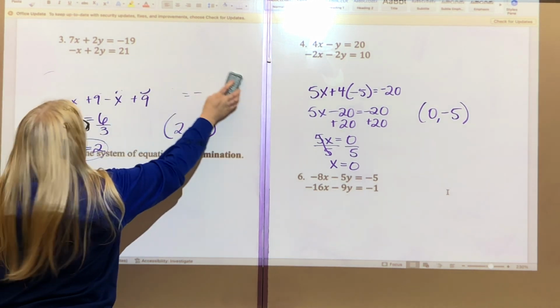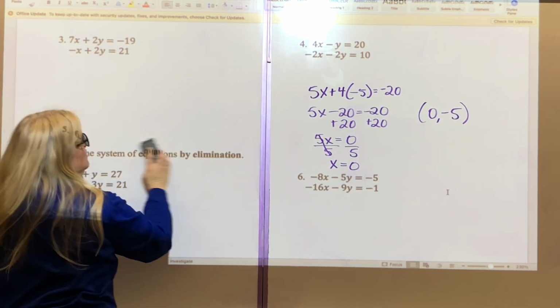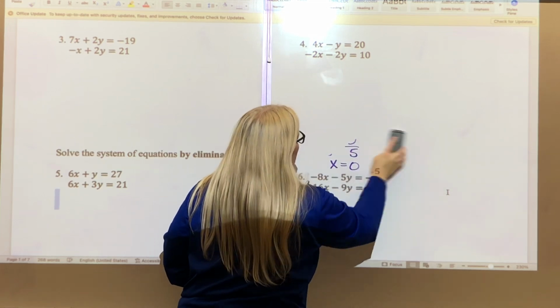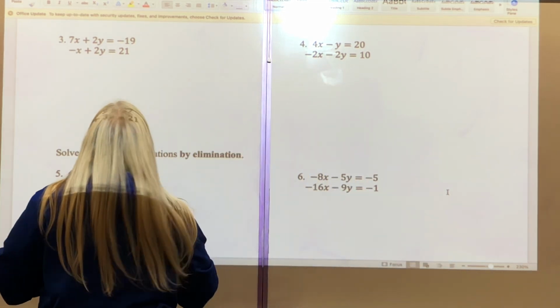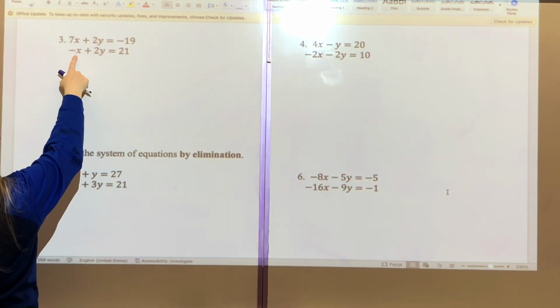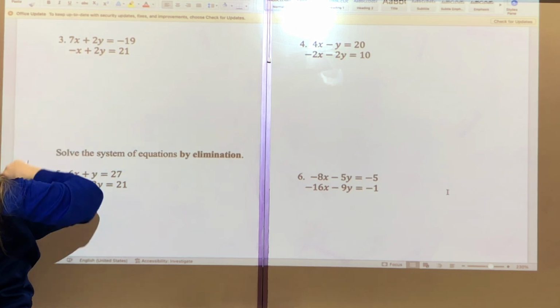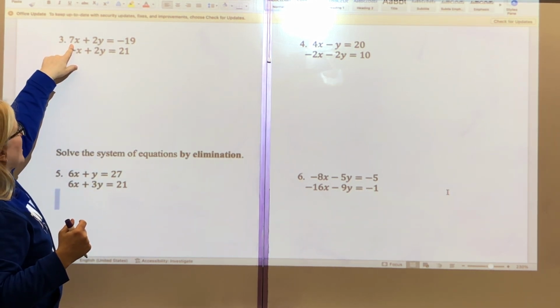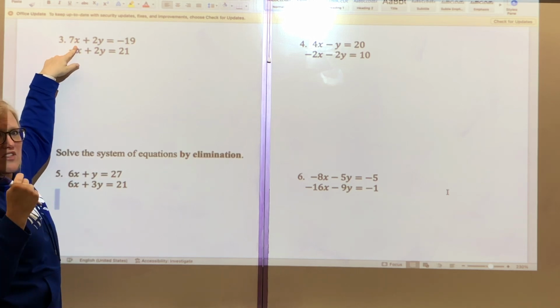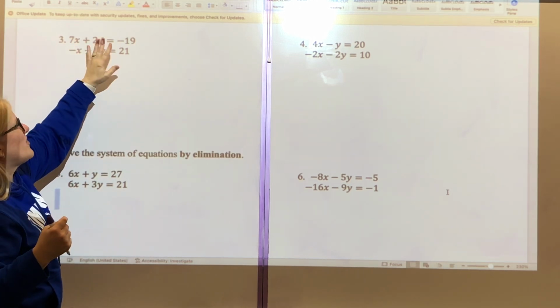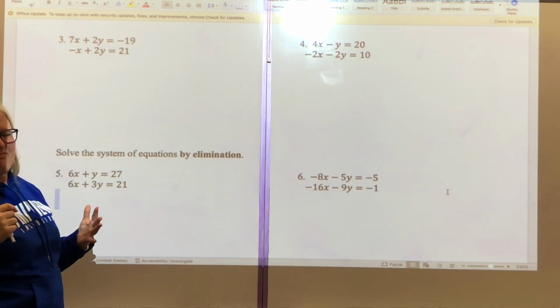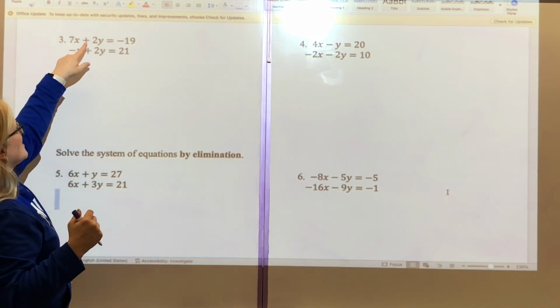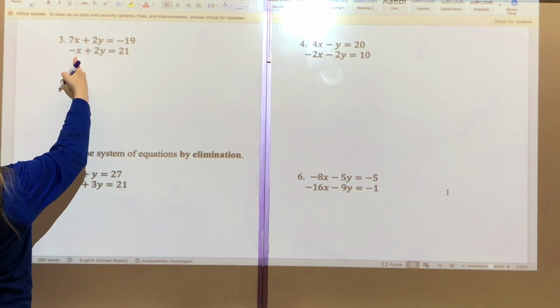So I'm going to get one of the variables by itself. I think I'm going to get x by itself, and that's really the only one that makes sense. Otherwise, you'd have to divide everything through by 7, and you get funky fractions, and same thing with all those. So we're going to do this one.